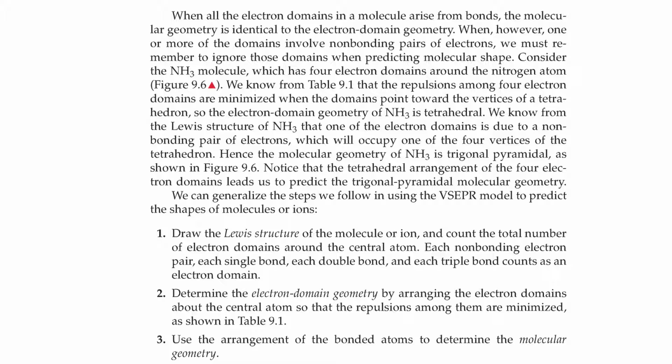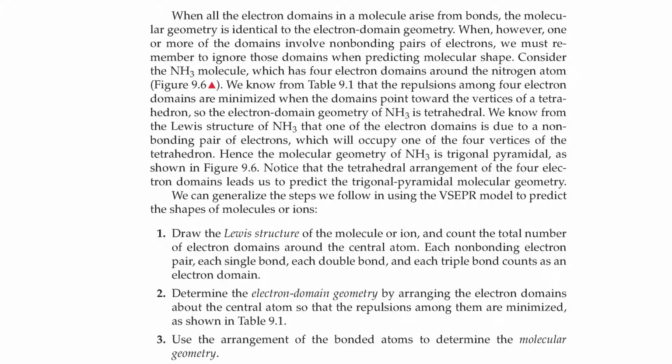Consider the ammonia molecule, which has 4 electron domains around a nitrogen atom. We know from Table 9.1 that the repulsions among 4 electron domains are minimized when the domains point towards the vertices of a tetrahedron. So the electron domain geometry of the ammonia molecule is tetrahedral.